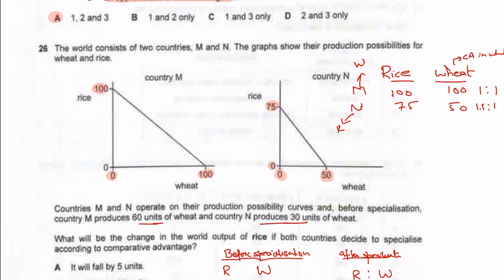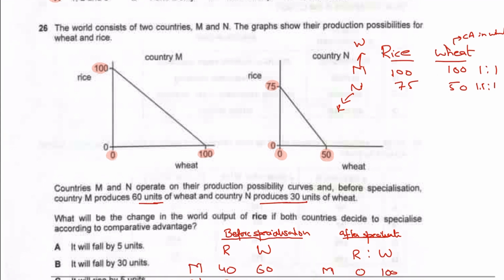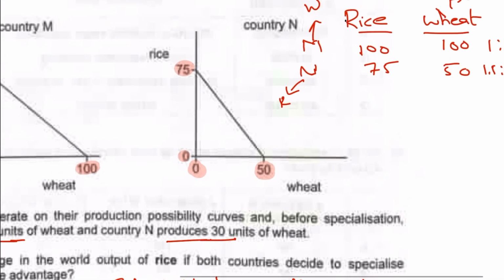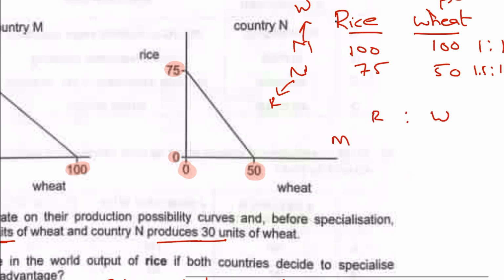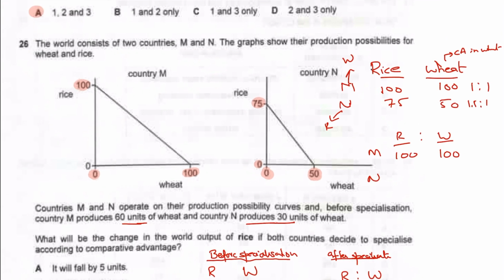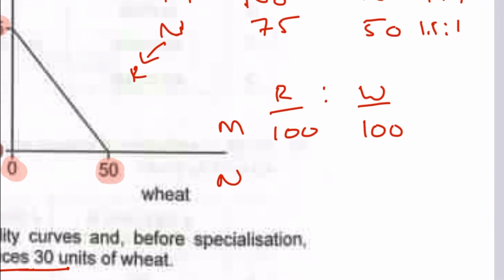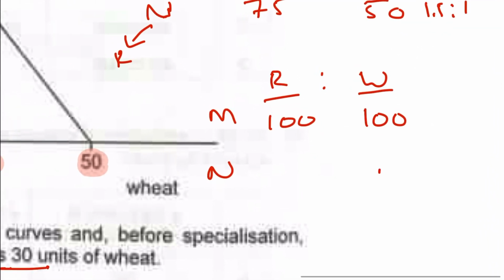They haven't given the quantities of rice for M and N, so let's calculate those, starting with M. For every 100 wheat that M produces, M forgoes 100 rice. M is producing 60 units of wheat, so it is not producing 40 units of wheat. It could produce 100 maximum, but it's foregoing 40.